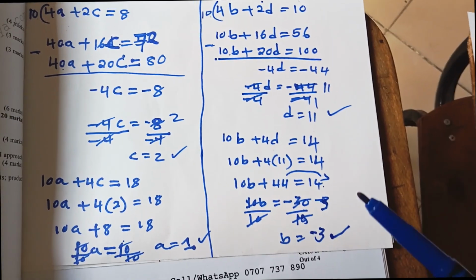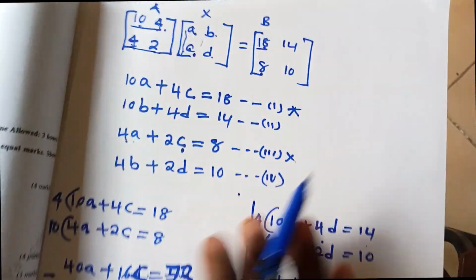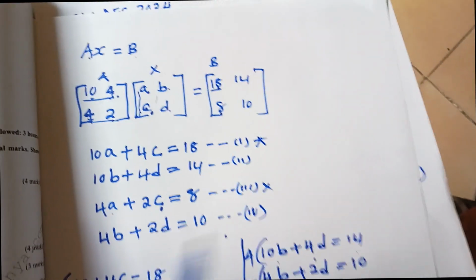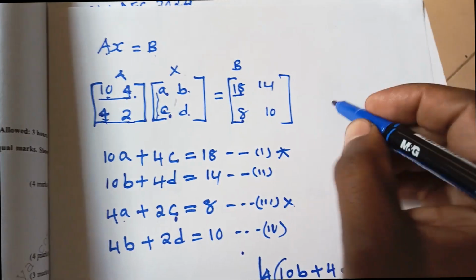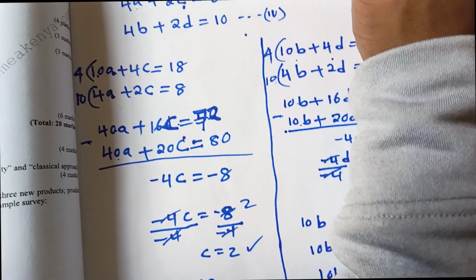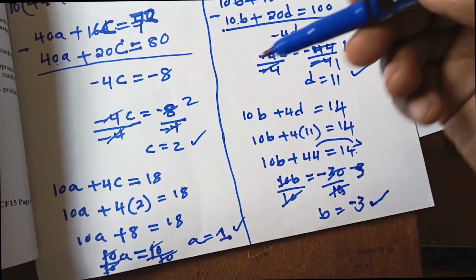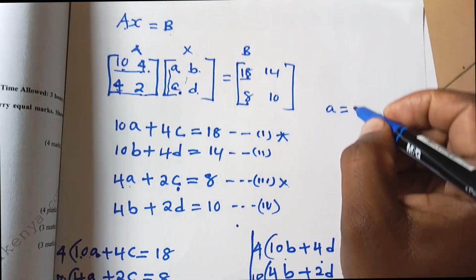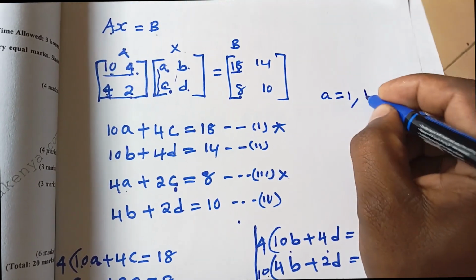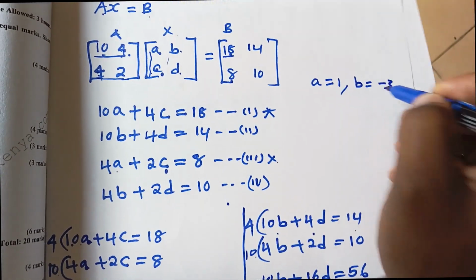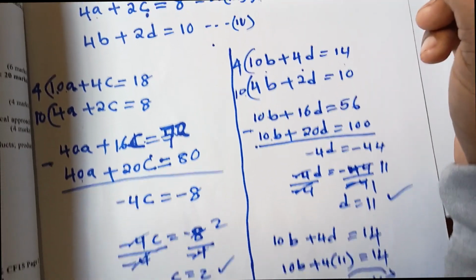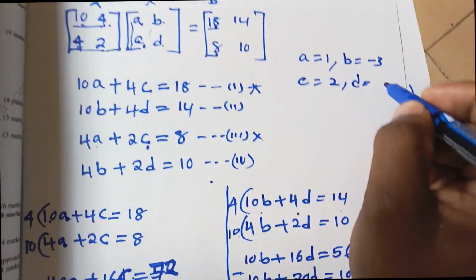So the values of A, B, C, and D: A we have as positive 1, B we have as negative 3, C we have as positive 2, and D we have as 11.